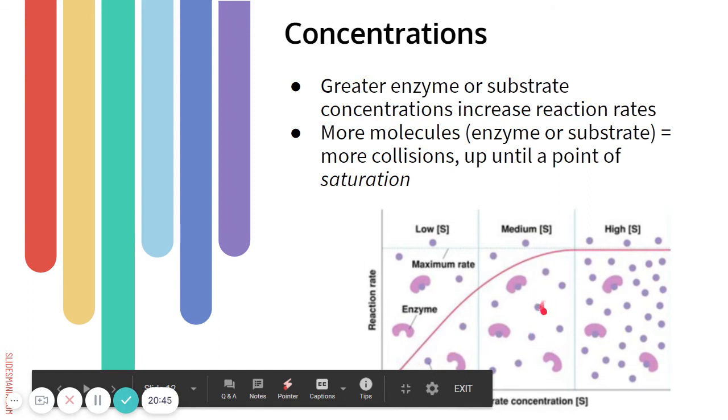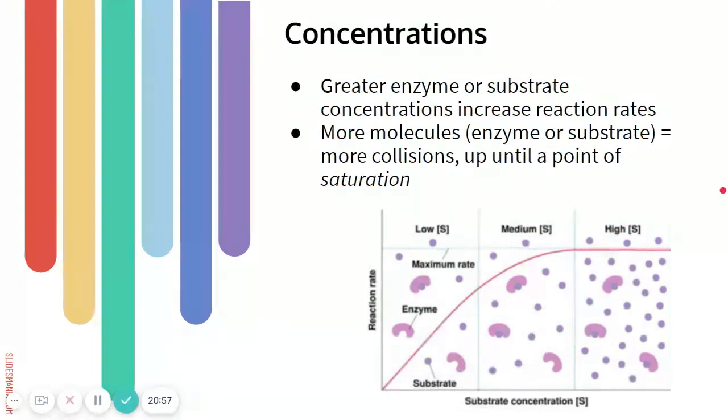But if you increase the number of substrate molecules you have, then there's more of a chance for them to bump into these enzymes. And so the reaction rate's going to be increasing as you increase the substrate concentration. And then the only tricky thing is that eventually you can get to a point where you're not getting any extra benefit from having more molecules.